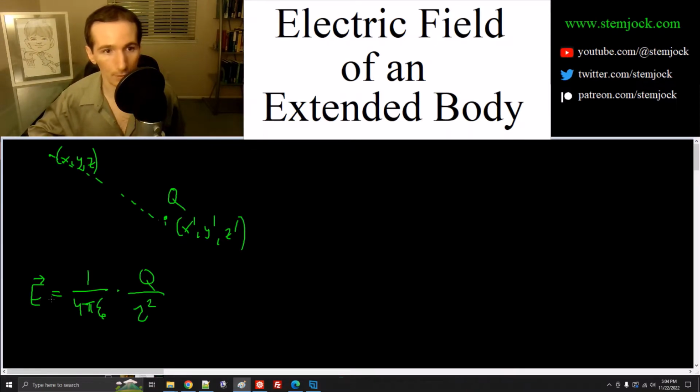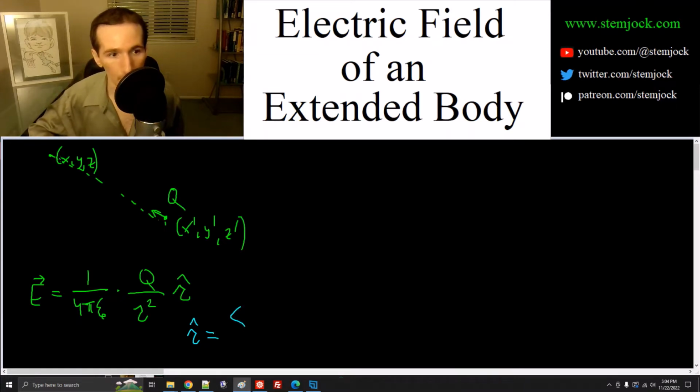Now the electric field is a vector, so I need to also put r hat. That is the unit vector that points from q to the location where we want to know the electric field. So for this example here, the unit vector is, we subtract the x components.